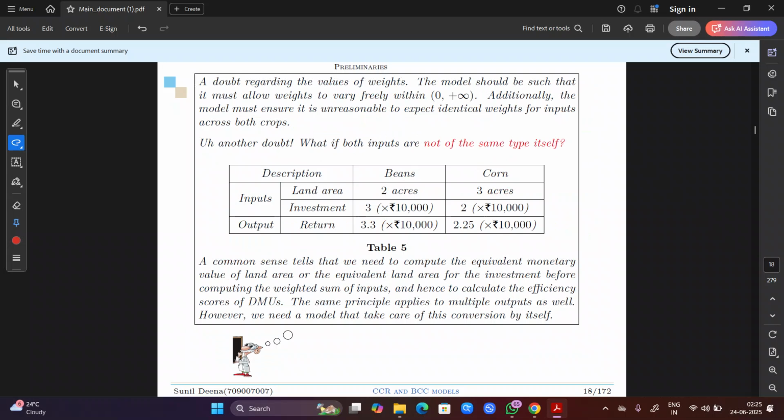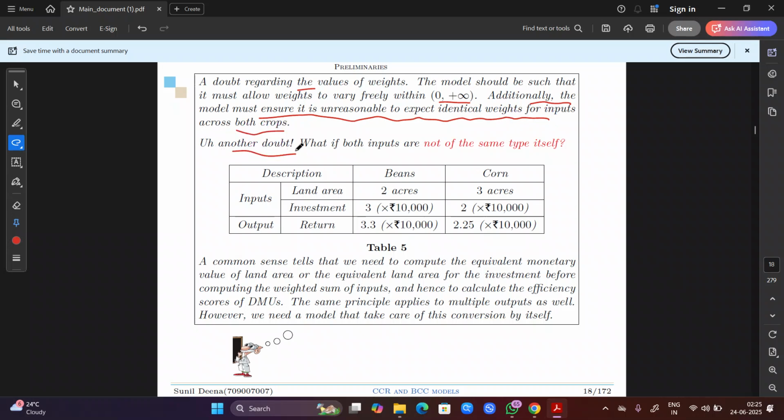Now a doubt regarding the values of the weight. What type of value do we have to give? That is in the open interval 0 to plus infinity. Additionally, the model must ensure it is unreasonable to accept identical weights for inputs across both crops.